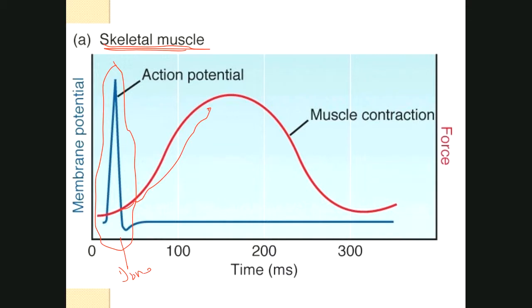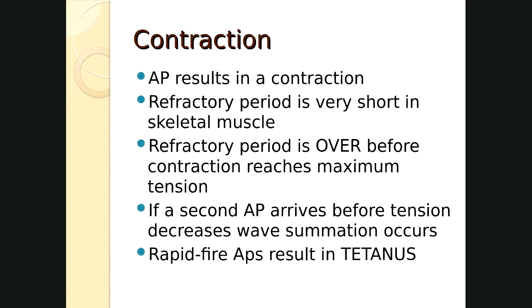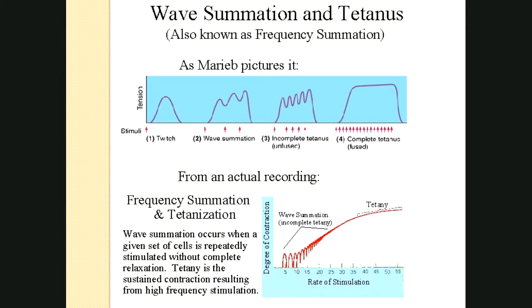So remember what happens if we were to stimulate this muscle cell again? In other words, give it another action potential here somewhere, we would get another contraction. It would look like this. Instead of having one contraction, look, there's an action potential and we got a contraction.